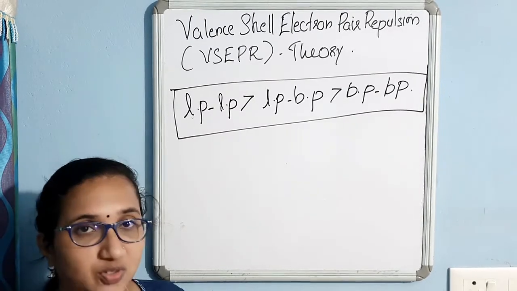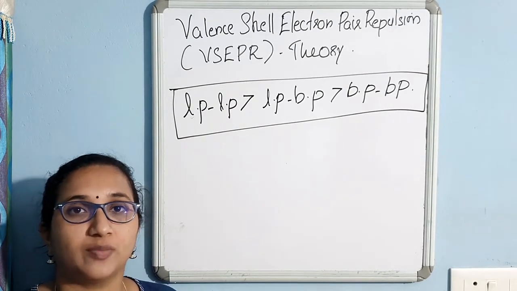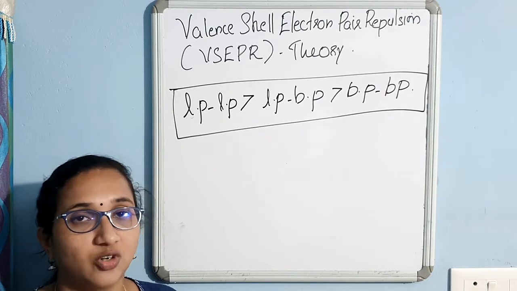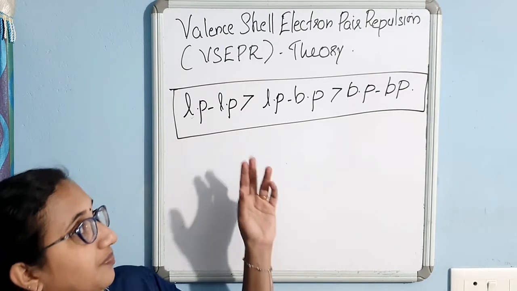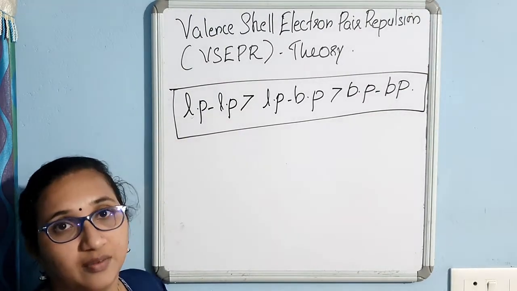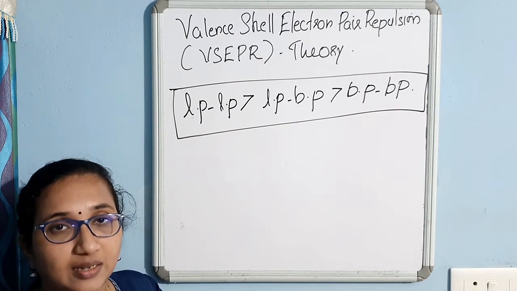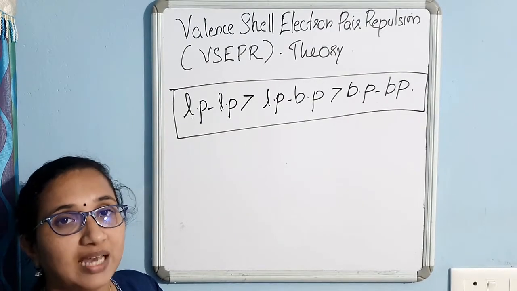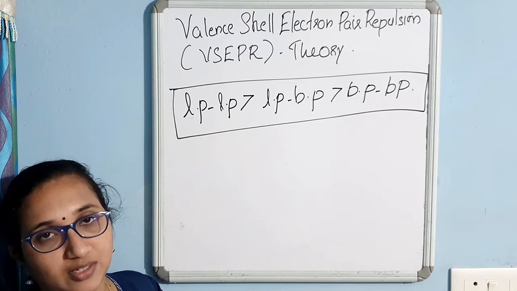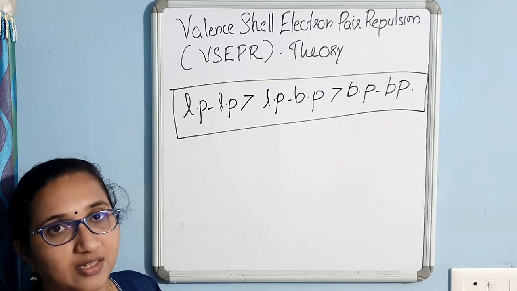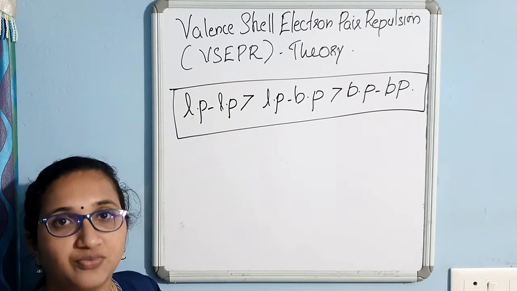Based on these postulates, we can predict hybridization as well as geometry of different molecules. Depending on the extent of repulsion, the compound will have different bond lengths, so bond length varies means their geometry of course varies. These are the main concepts of VSEPR theory.